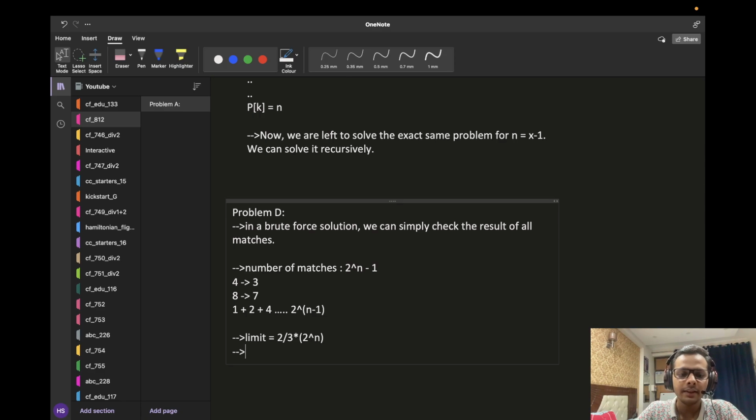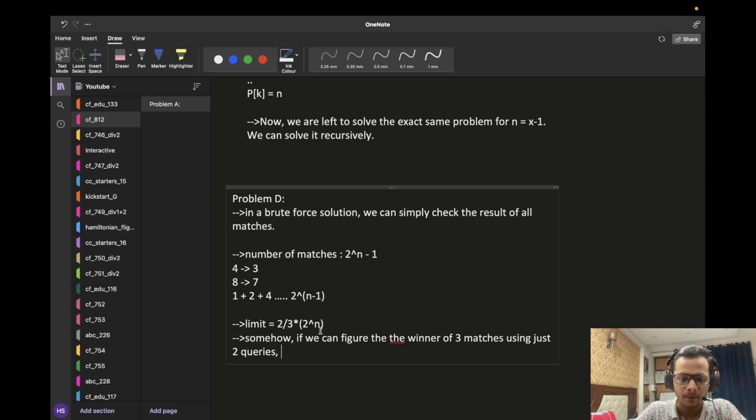So the hint here is that instead of naively finding the result of each match, if we can somehow figure out the winner of 3 matches using just 2 queries, then we are done, right? Why?